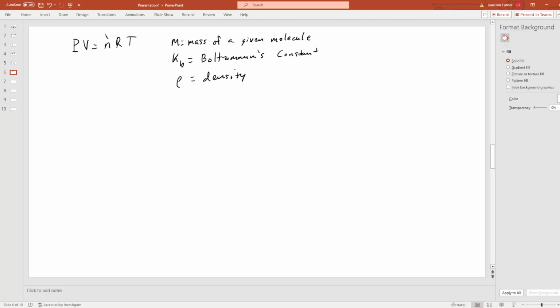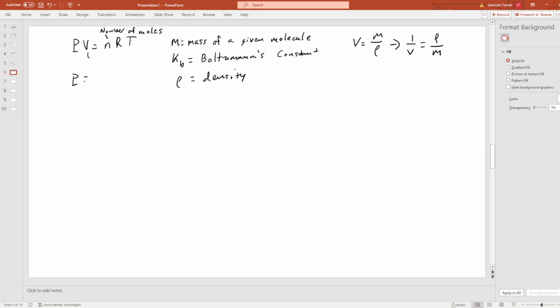So remember, n is the number of moles here. And we can bring the density in with the idea of the volume, right? So volume is going to be equal to mass divided by density. Whoops, that should be rho. So that means that 1 over volume is going to equal density divided by my mass, right?